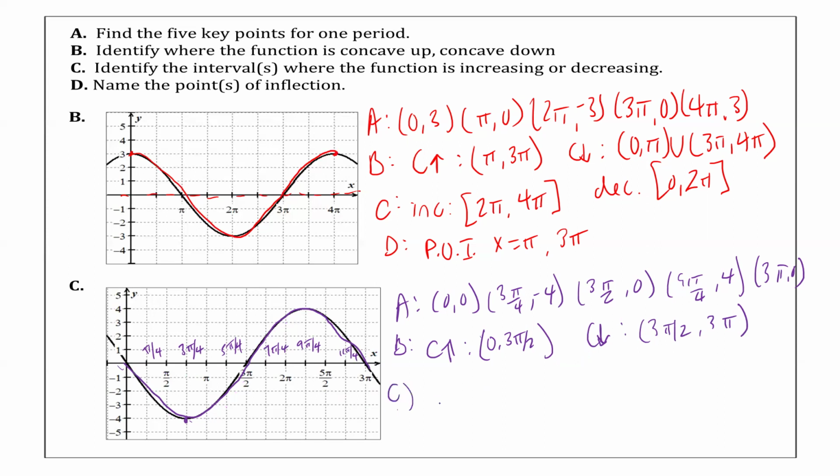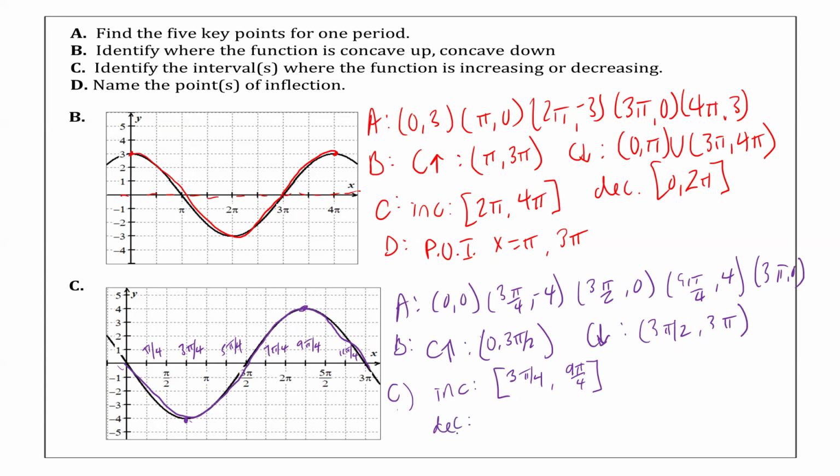So your C, your interval of increase. Go 3 pi over 4 to 9 pi over 4. You increase from here up until here, which is that 9 pi over 4.